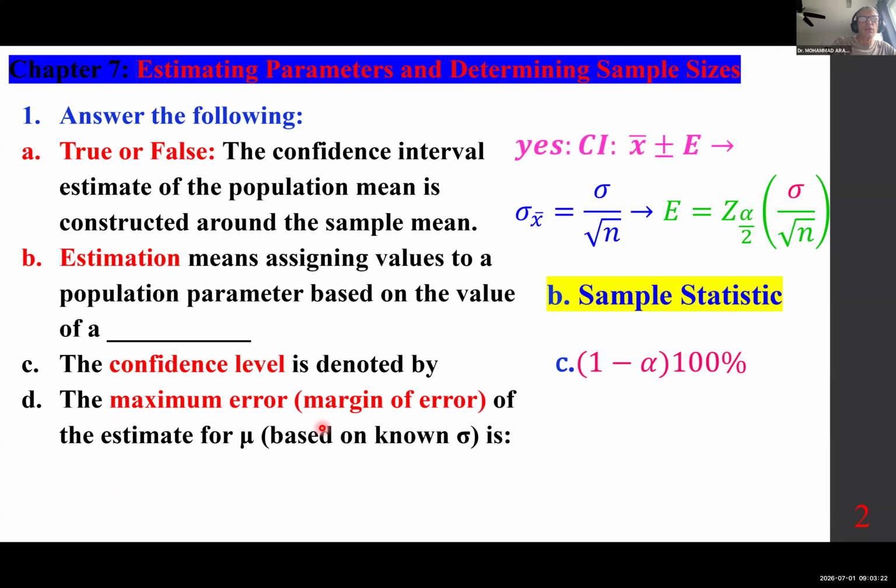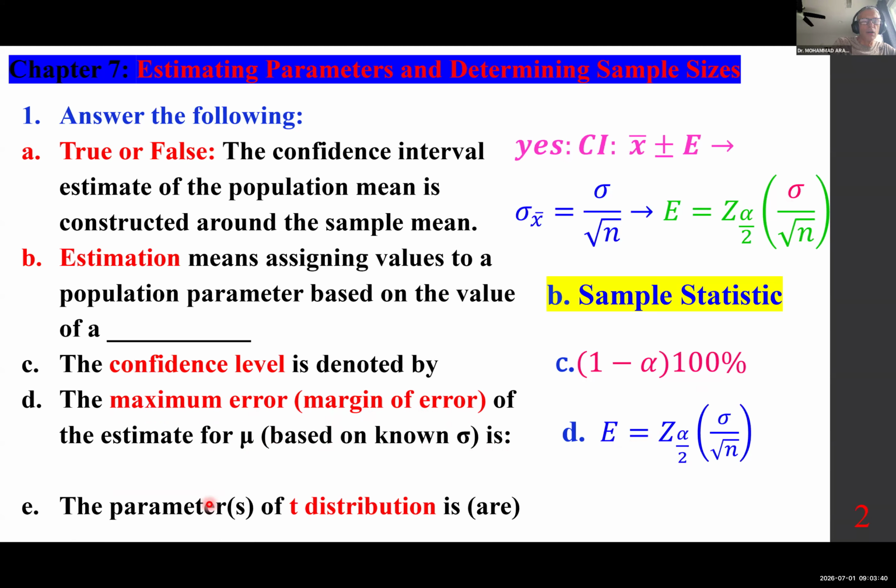The maximum error, also known as the margin of error, of the estimate for mu based on known sigma is the one that we wrote here, z alpha over 2 times sigma over square root of n.